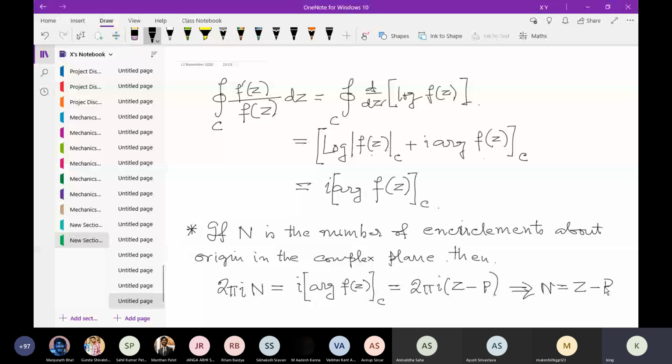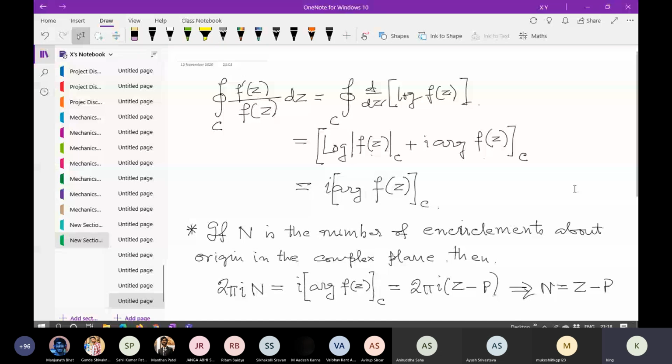And when it is 1 plus fz, it will be the number of encirclements of the point minus 1, 0. So this is the mathematical proof of what we have already done, what we have visualized physically. Now, how does this help?